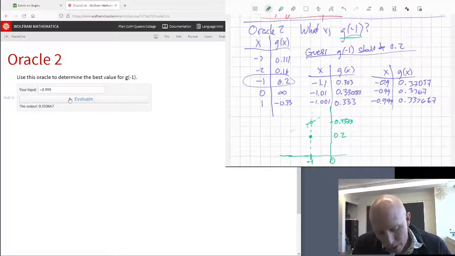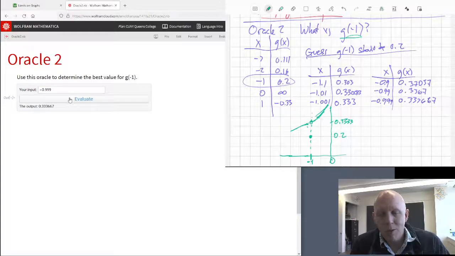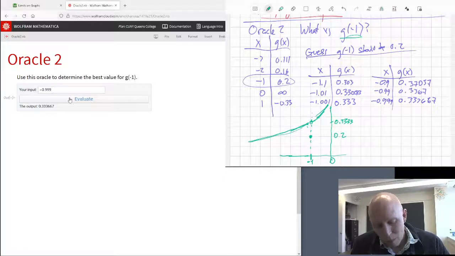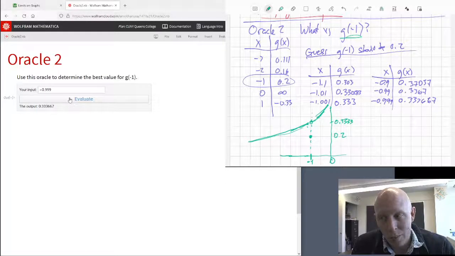So if we were to graph what this looks like, we would see that this function, everywhere except for x equals negative 1, we get points that lie on a curve, but at exactly negative 1, the function pops over to something else.